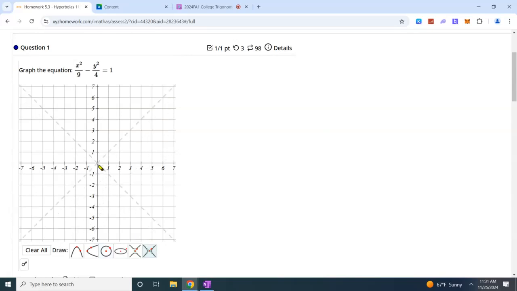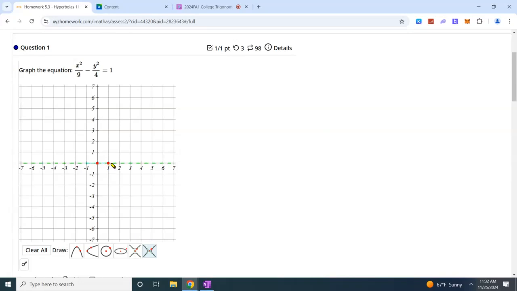So I'm going to choose that last model form, and I'm going to plot the very center. Since I have a horizontal transverse axis, I'm going to move along that axis. The denominator for x squared is 9. The square root of 9 is 3.